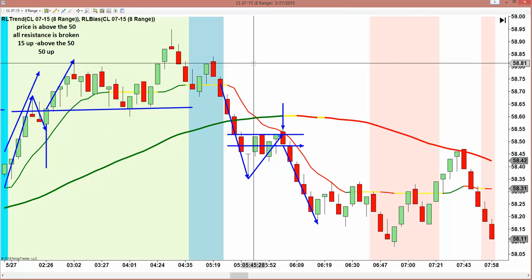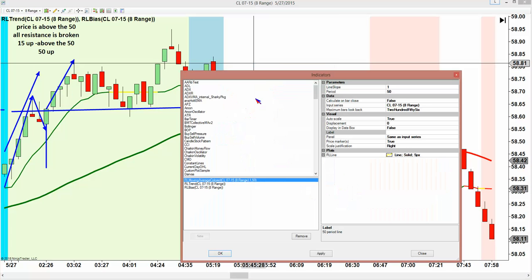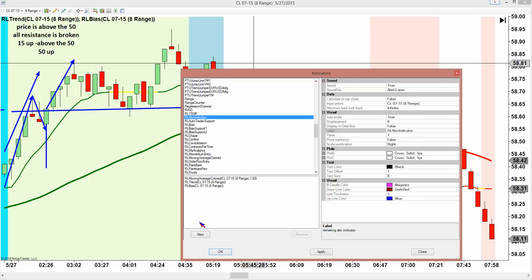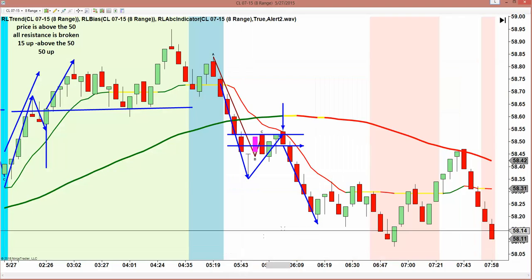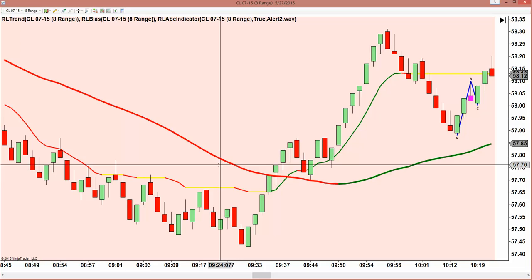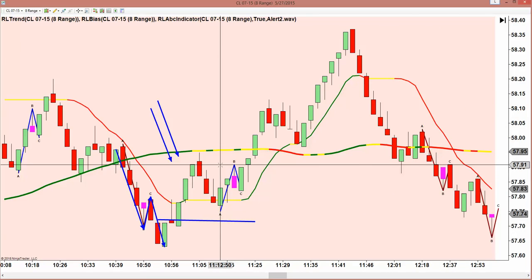Now, let's add a little bit more. Now we're going to add the ABC indicator. Let's find a nice ABC trade.